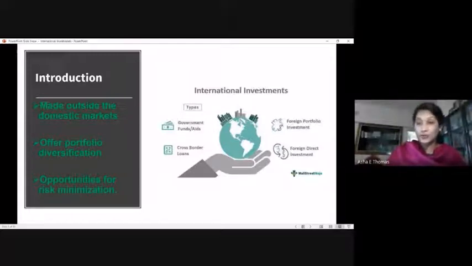Foreign portfolio investment, where we invest in shares or mutual funds or any type of financial instruments. Foreign direct investment, which includes direct participation in the operation and management of companies or corporates, which is a little more involved type of foreign investment. So all these can be the broad categories of international investments, right?